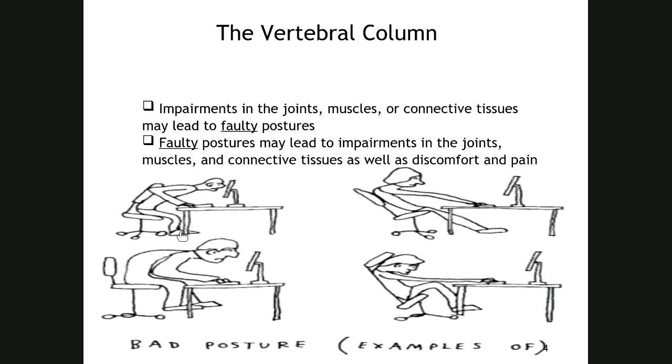It can also have an effect on the ligaments that are holding the spine upright, and they can also have pain due to that pressure for extended periods of time. So did everybody understand that it can go both ways?